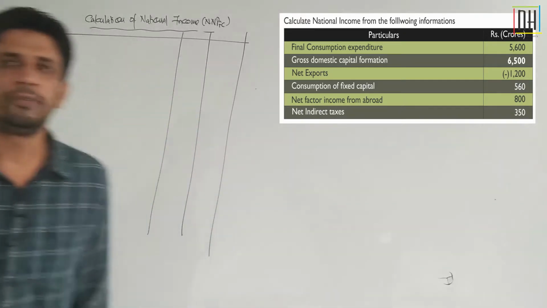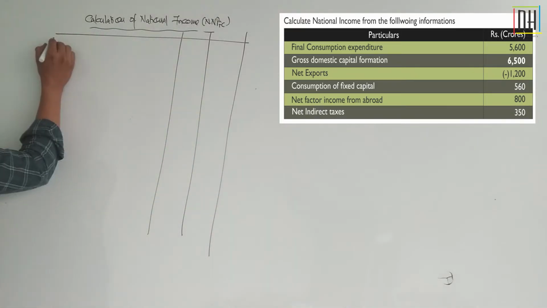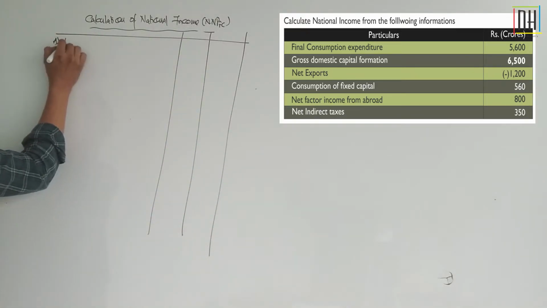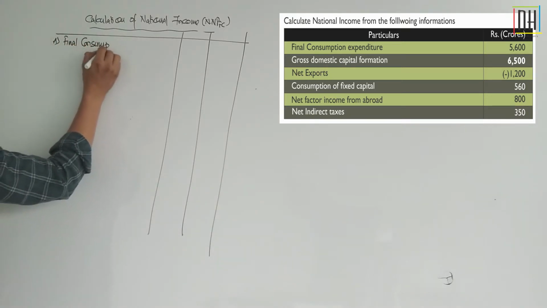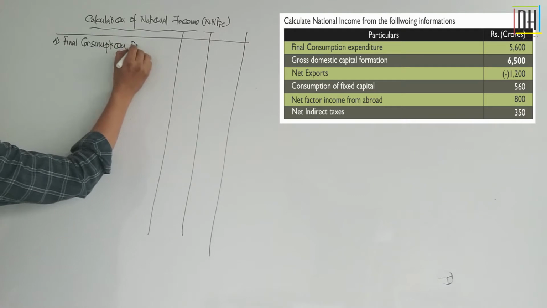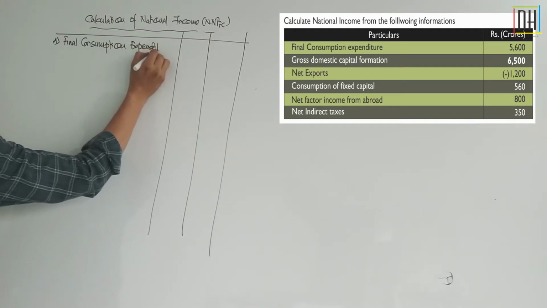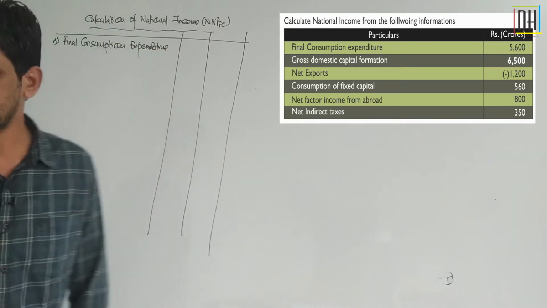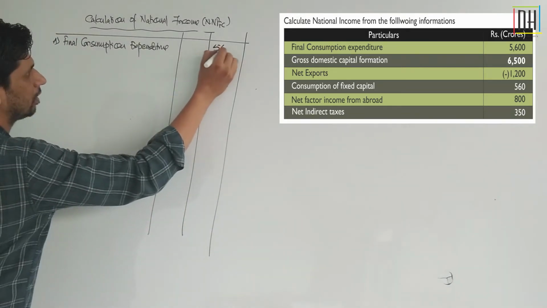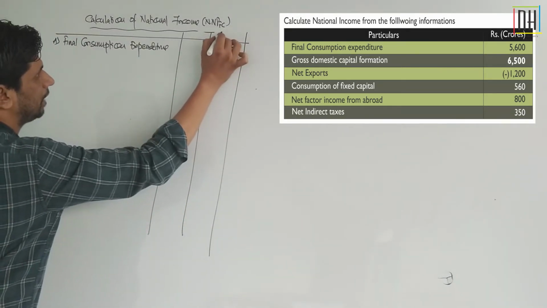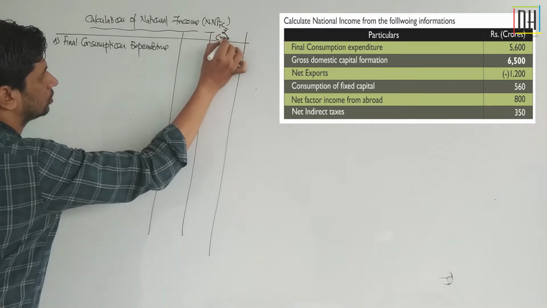Okay, fine. So first, A is the final consumption expenditure, and it is given as rupees 5,600 crores. This is the amount in crores.